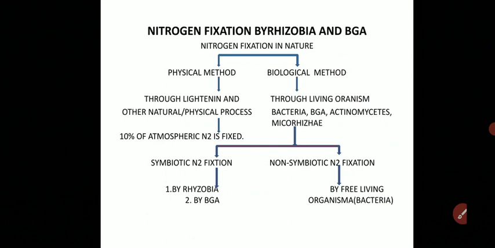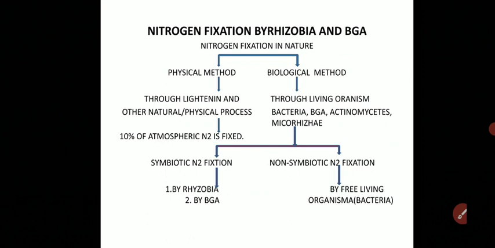This fixed nitrogen is then taken up by plants through their root system. This is the best example of mutual benefit for both the partners and no one is harmed. The bacteria get food, that is carbon source, and shelter in the root nodule of the host plant, and in return they give fixed nitrogen in the form of nitrates or ammonia to the host plant, required to fulfill its metabolic demands.